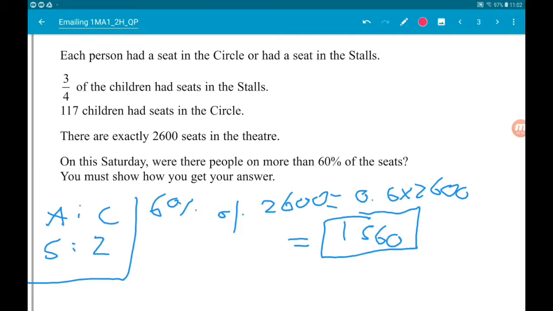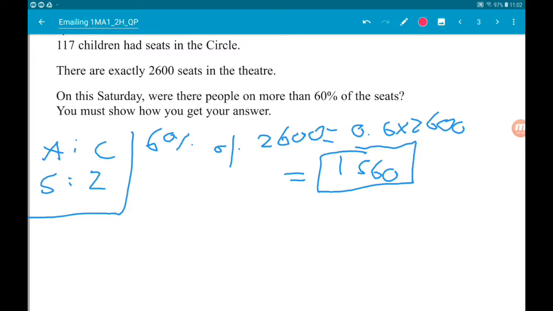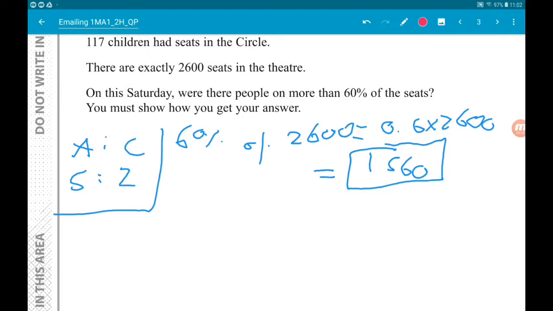So what we need to do then is we need to work out the total number of children and adults in the theatre. Now, we can find the total number of children because we know 3/4 of them were in the stalls, so that means 1/4 of them are in the circle. So we can say, if we call children C, makes sense, we know then that C over 4 is 117.